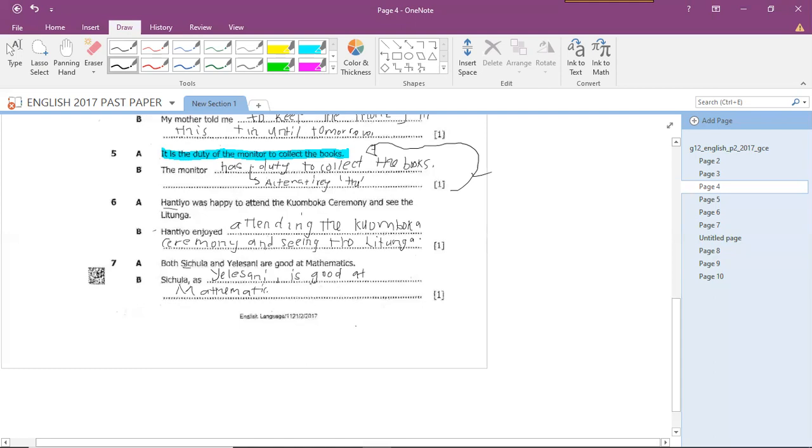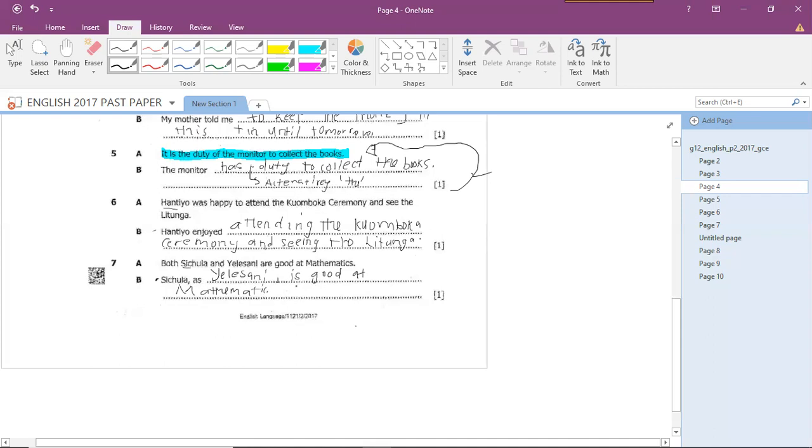So Sichula as Yelesani is good at mathematics. So here we are singling out this individual, but the sentence is including both of them. We've accounted for the two subjects, then we're focusing back on Sichula. But it will still mean the same, that both of them are equally as good at mathematics.